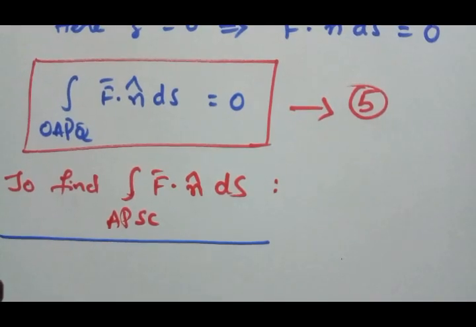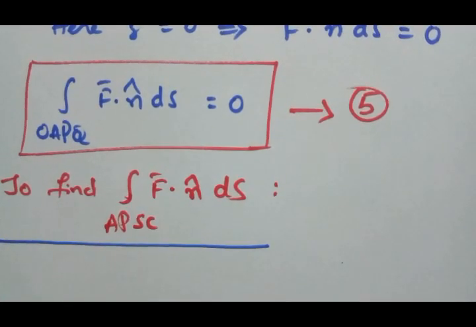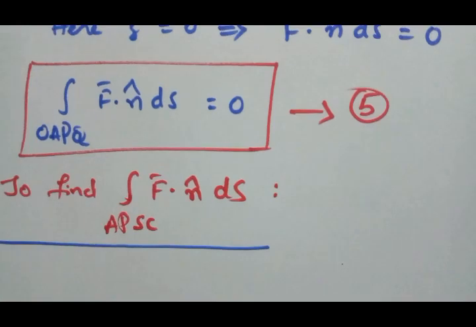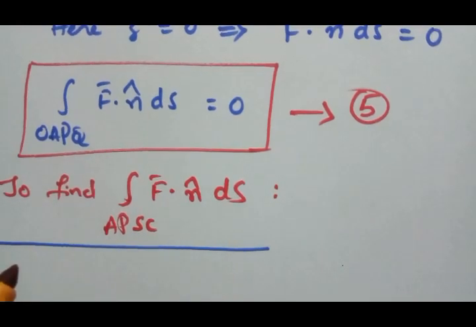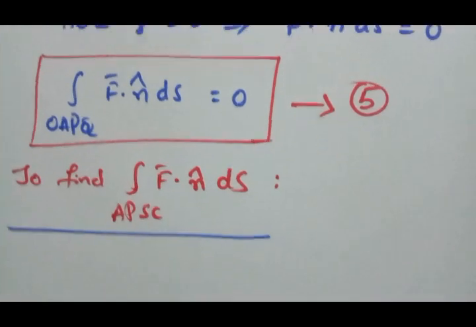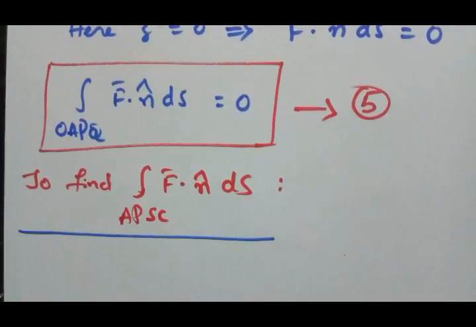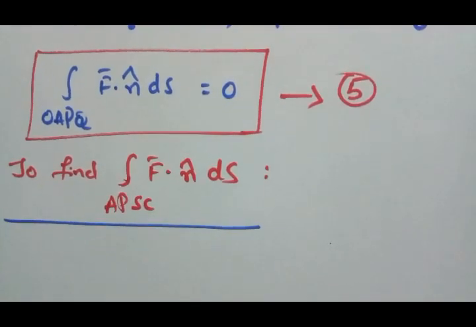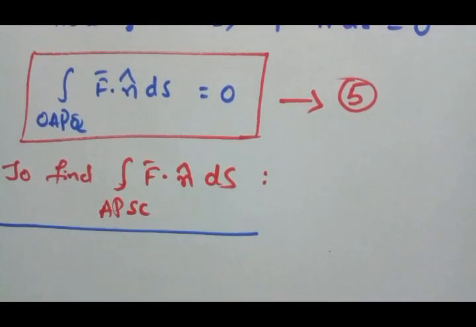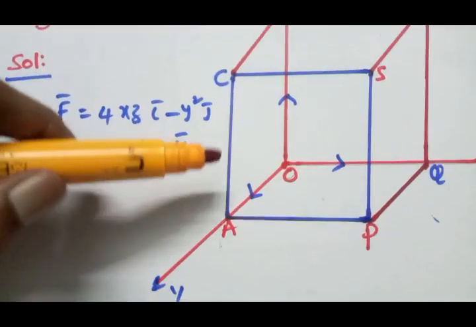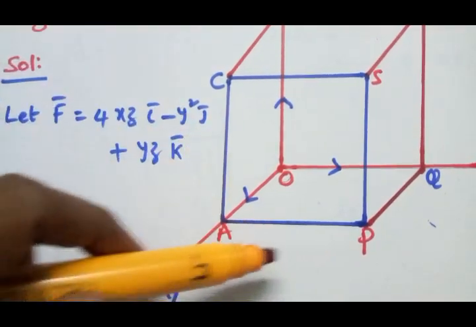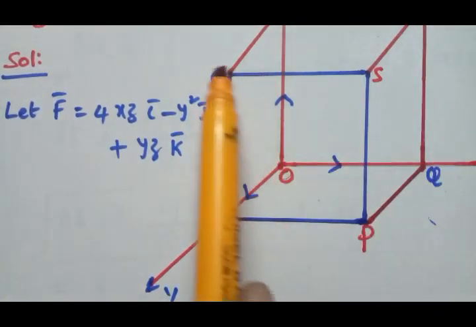Therefore, the unit outward drawn normal to this portion is the positive y-axis. Therefore, unit normal n cap is equal to j cap. Here APSC is the portion.